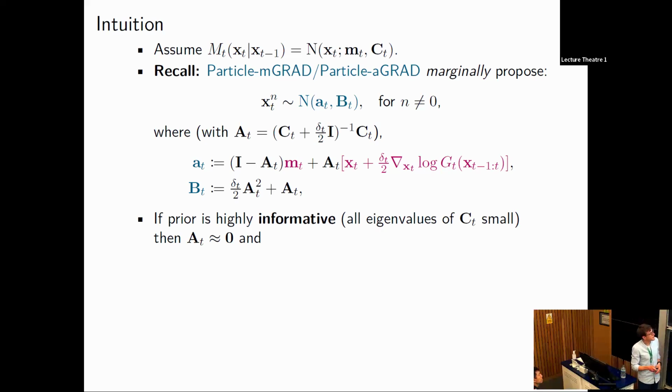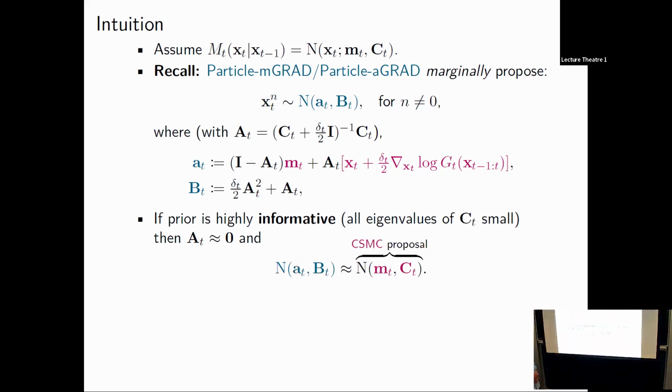In that case, your mGRAD marginal proposal is just the standard CSMC proposal. So if the prior is really informative, these algorithms effectively reduce to the conditional SMC algorithm, which is what you would want. If your likelihood is flat, then you would really just want to sample from the prior.